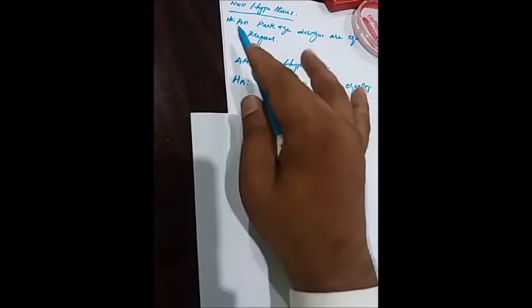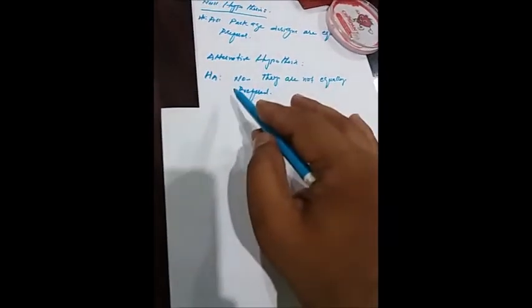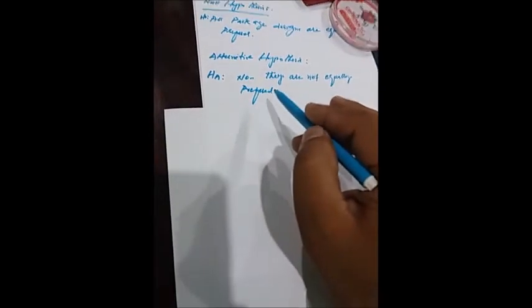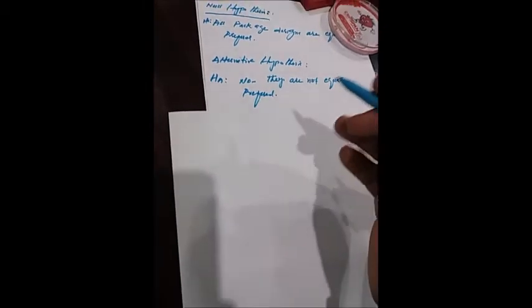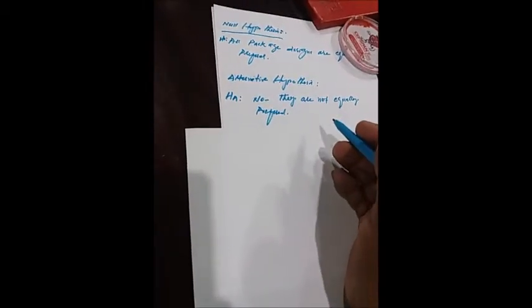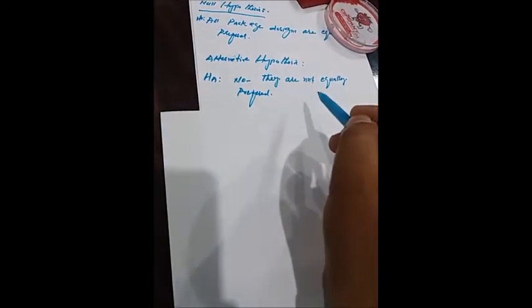The null hypothesis is that package designs are equally preferred. The alternative hypothesis is that no, they are not equally preferred. There is some kind of difference in preferences of the packaging. Either package A is more preferred, or package B, or package D. We don't know which is more preferred, but we can understand that there is some significant difference in preferences, so they are not equally preferred. This is the alternative hypothesis.